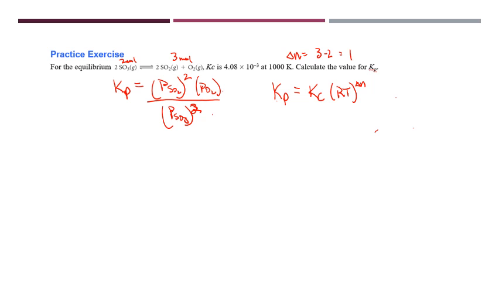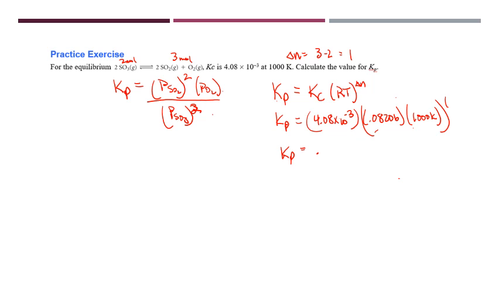So when I set this up to solve for Kp, I would have my Kc 4.08 times 10 to the negative third multiplied by 0.08206 and multiplied by 1000 Kelvin, and we're raising that to the first power. If I multiply all that out together, we end up with a Kp of 0.335.